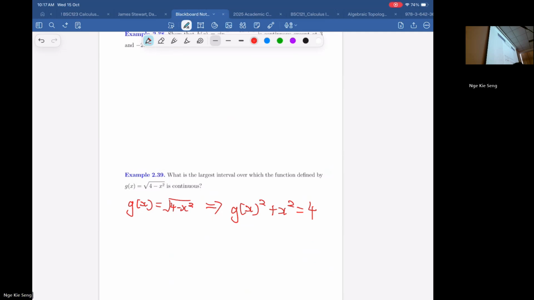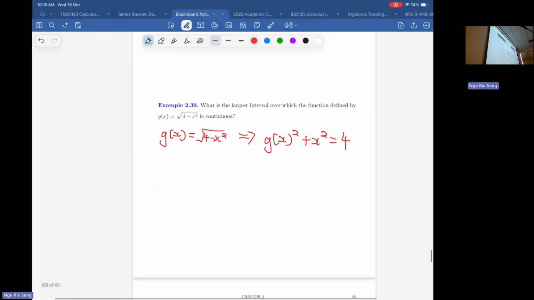Anyone know? Pythagoras theorem, you should remember: a squared plus b squared equals c squared. So the hypotenuse is the radius. The c squared here is 4, so the radius is 2. So this is the circle of radius 2.